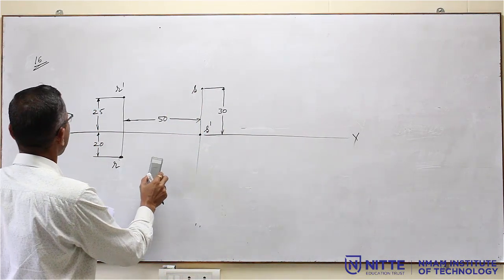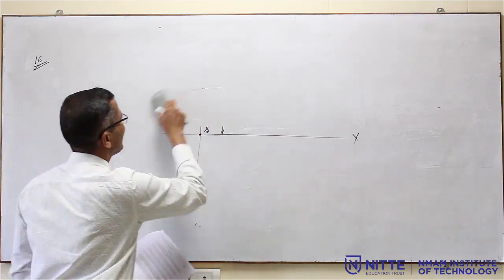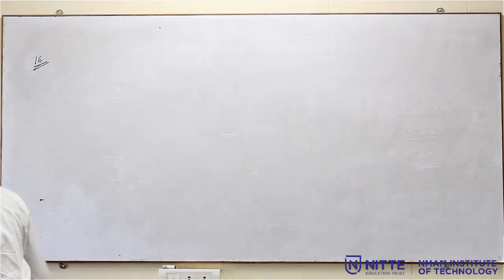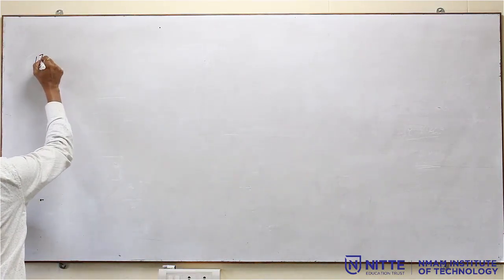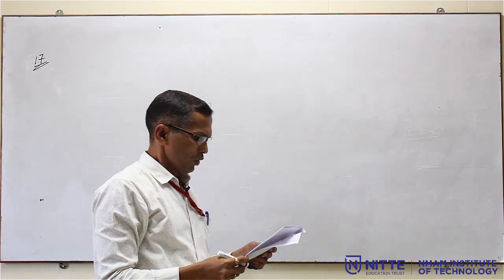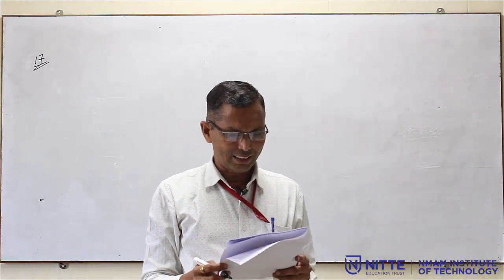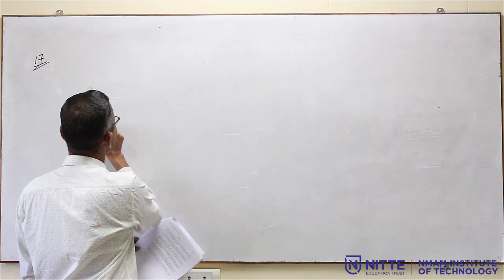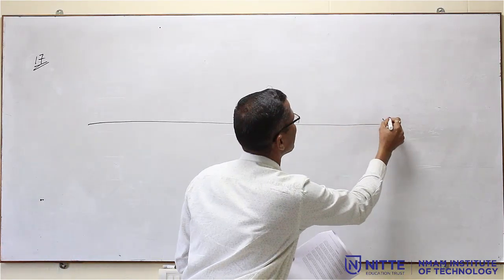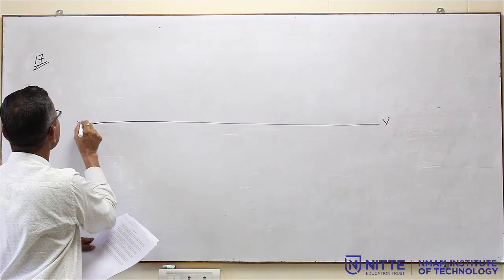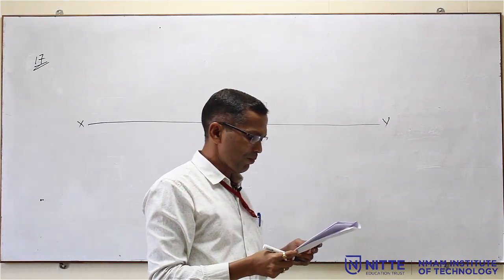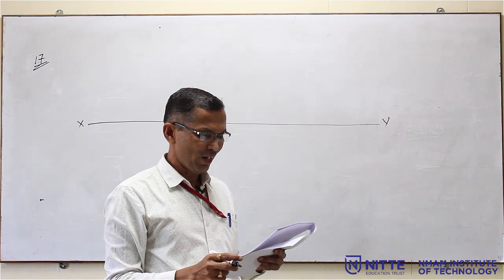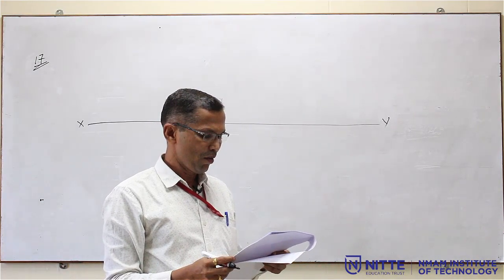Next problem, problem number 17. Two points R and S are on HP. The point R is 35 mm in front of VP, while S is 50 mm behind VP.